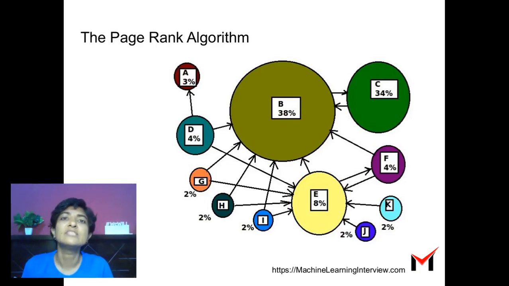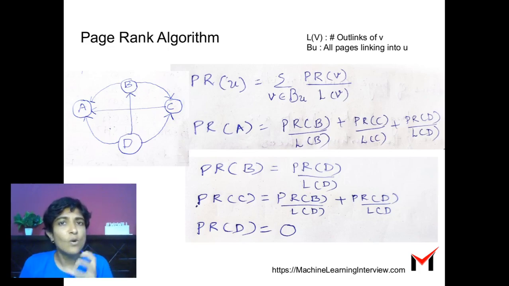Let's see how this works in a little bit more detail now. So let's take a very simple graph of just 4 documents, A, B, C, and D. All the 3 other documents link into A, while B has only one in-link, C has 2 in-links, while D has no in-links. The PageRank computation is as follows, mathematically very simple.